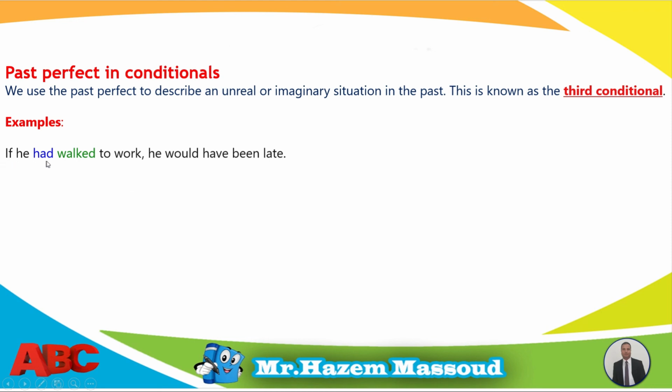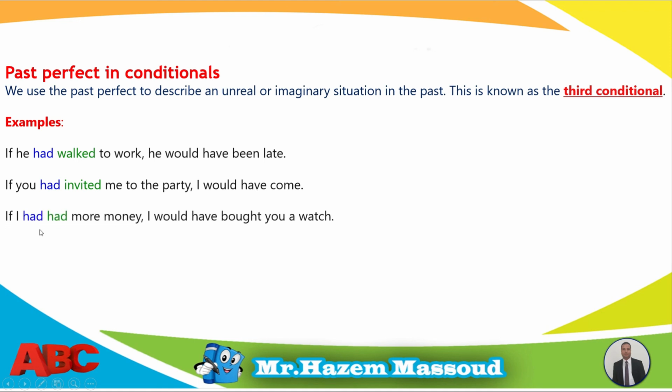Here, I use the past perfect in the third conditional. Another example, if you had invited me to the party, I would have come. If I had had more money, I would have bought you a watch. Here, had, this is auxiliary verb, and this is the main verb, the past participle of verb have.